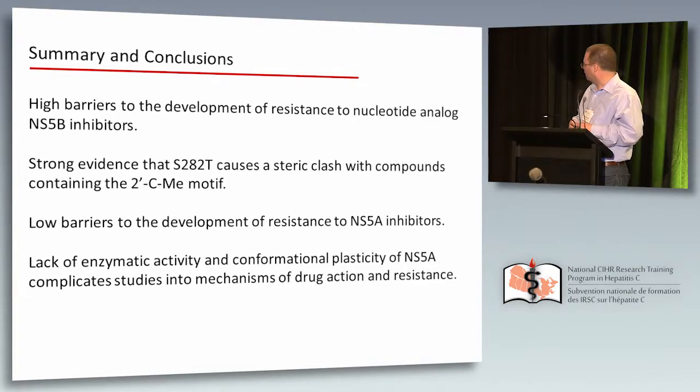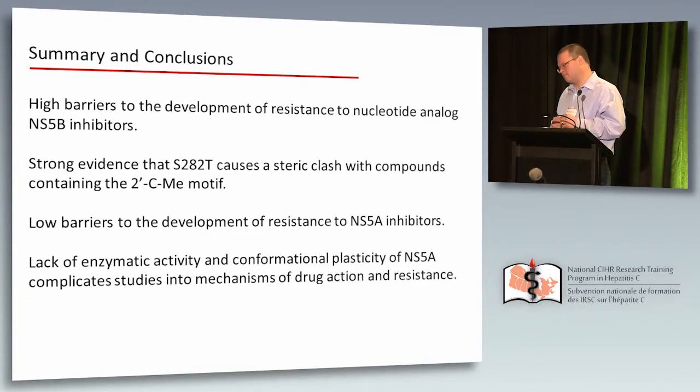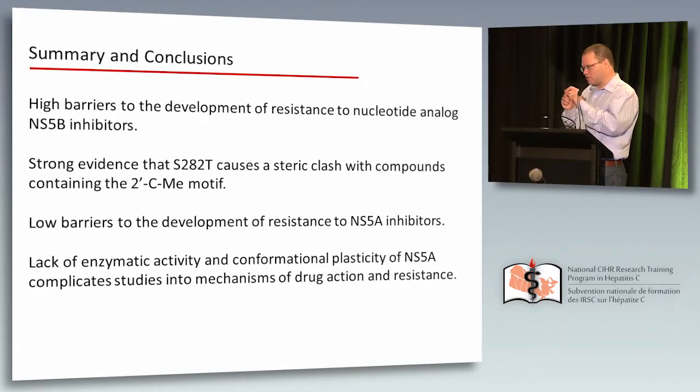With regards to NS5A, there are low barriers to resistance. It is probably associated with the fact that those mutations may not be sufficient on an individual basis, and multiple mutations are required. The other argument would be that NS5A is not an enzyme, which doesn't facilitate its study.